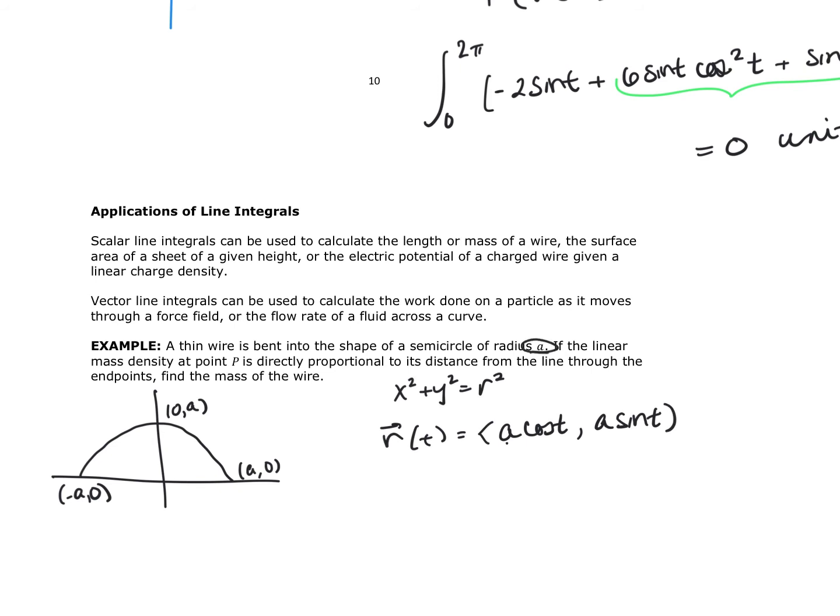That's nothing surprising. That should be a vector. Let me change that to make it a vector instead of a parenthesis. And we can see that I'm going to start at 0 and end at pi for my t, so 0 ≤ t ≤ pi.